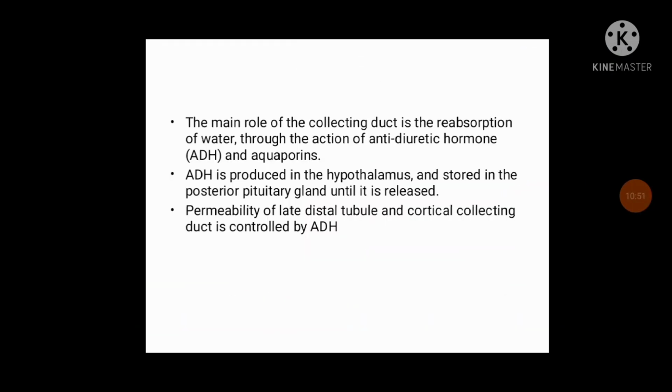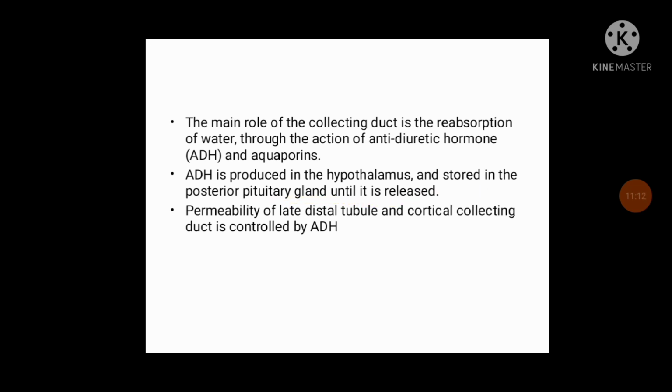The main role of the collecting duct is the reabsorption of water through the action of antidiuretic hormone and the aquaporin. The aquaporin channels here are type 2 channels. The ADH is produced in the hypothalamus and stored in the posterior pituitary gland until it is released.